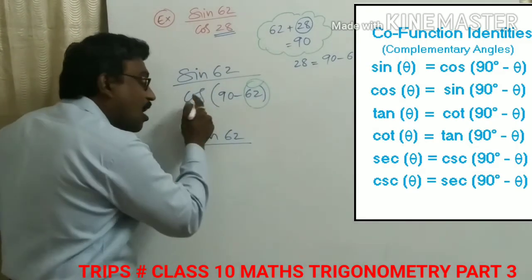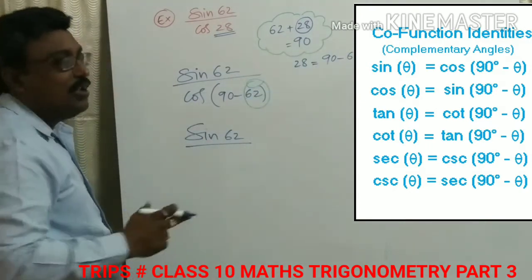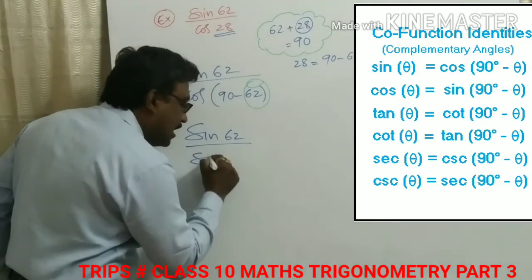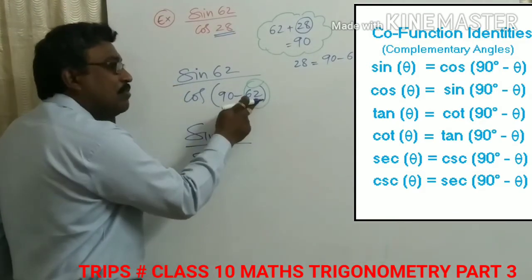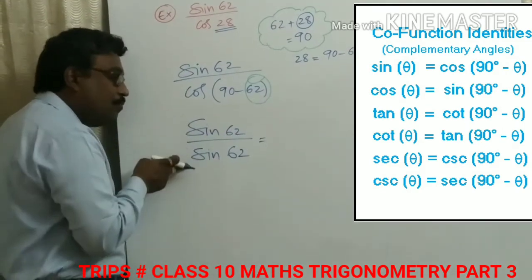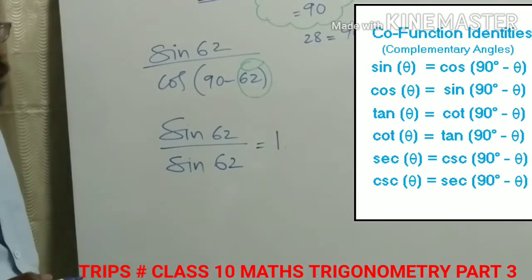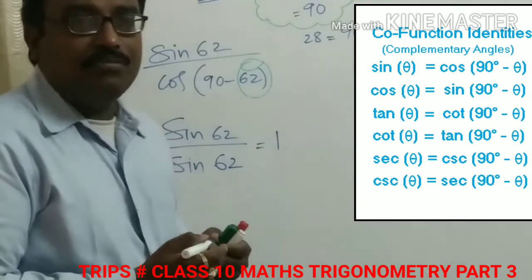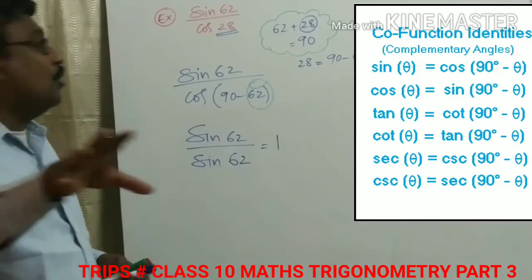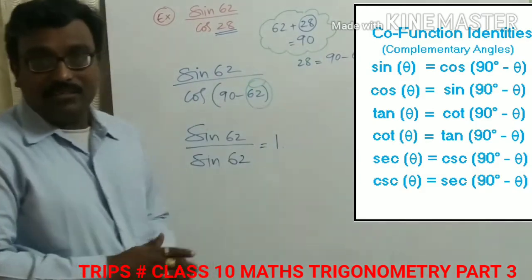Already we proved cos(90 minus theta) is sin theta. I am writing sin theta. What is meant by theta here? 62. Now sin 62 by sin 62, both are same. The value is 1. We don't know the value of sin 62, we don't know the value of cos 28, even though we solved this sum by using complementary angles.